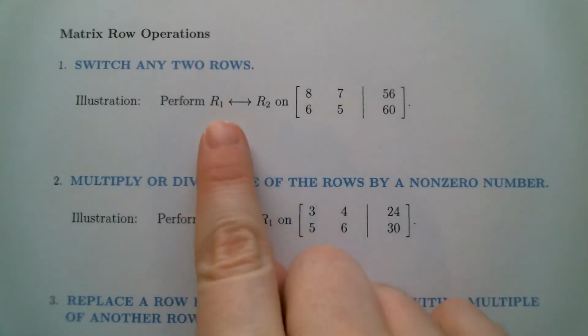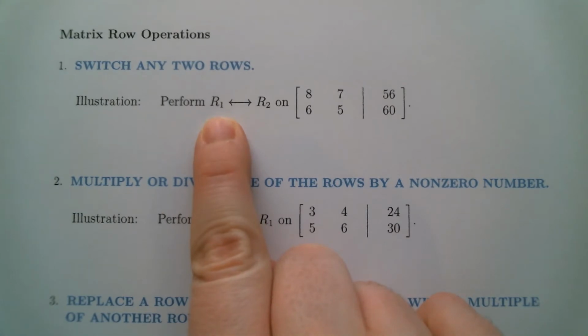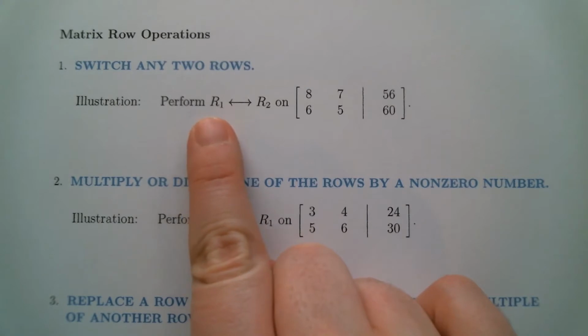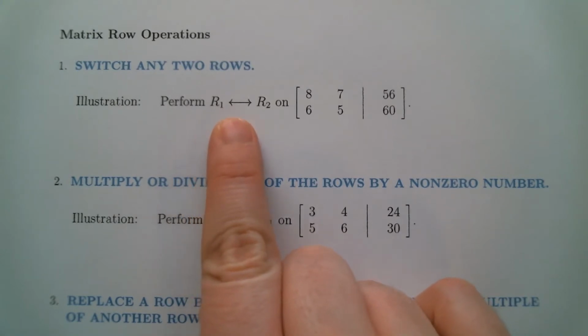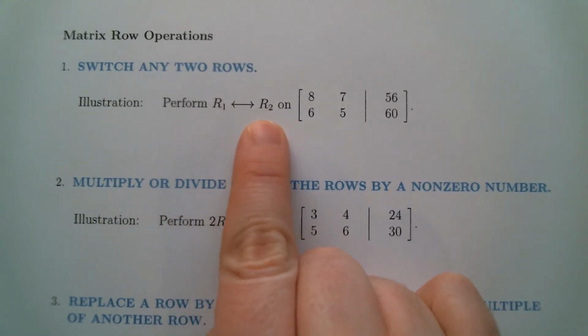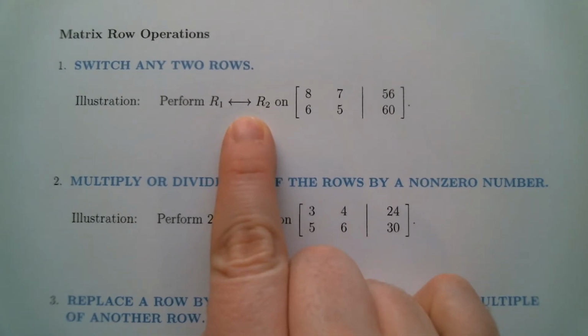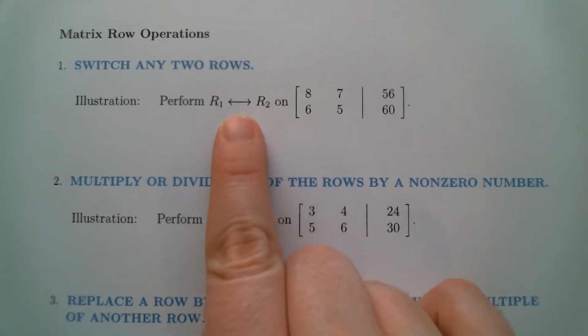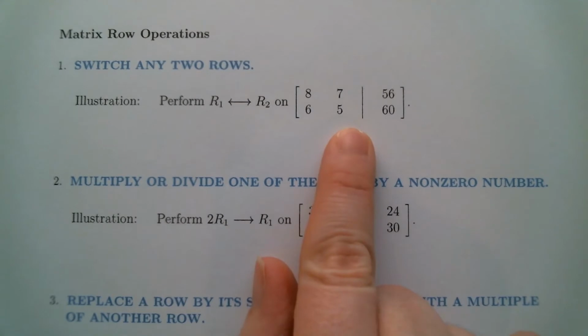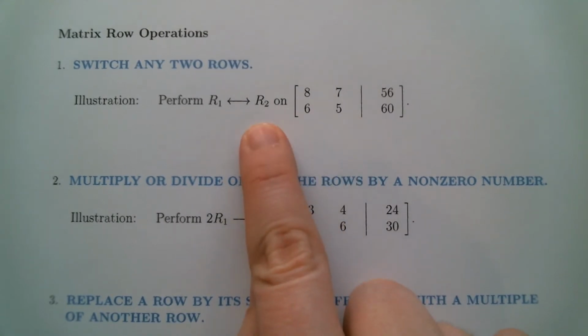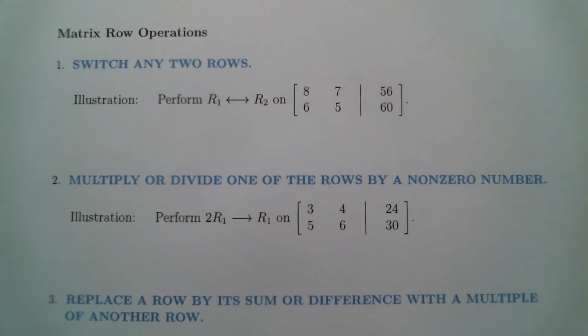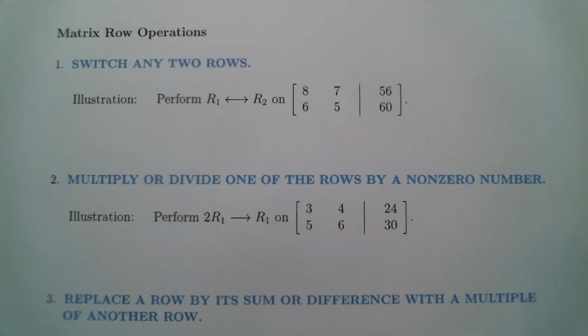let's read this. This means row 1, okay? So when you see the R, that means row. So this means perform row 1, switch it with row 2. So that double arrow means to switch. So we're going to take this matrix, we're going to switch row 1 and row 2. The entire row switches, including the numbers on the right side of the vertical line.